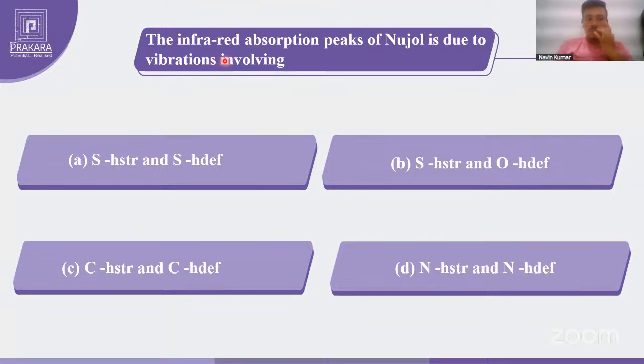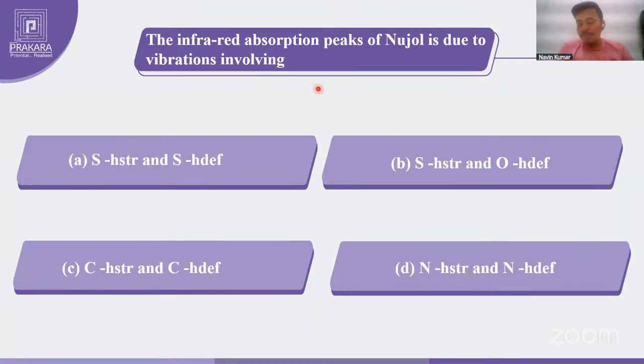For this kind of question, you need to remember what the IR terms are and what the different kinds of vibration in IR are. So the question is asking: the infrared absorption peak of Nujol is due to what? Meaning, if we are seeing the peak of Nujol in IR spectra.